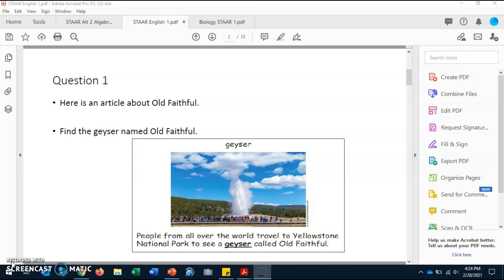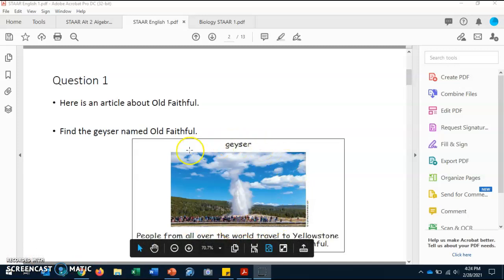So now it's saying, find the geyser named Old Faithful. So circle where you see geyser. Awesome job. You should have circled here. This is geyser. This is what people travel to Yellowstone to see. And this is called the Old Faithful. Awesome job, boys.